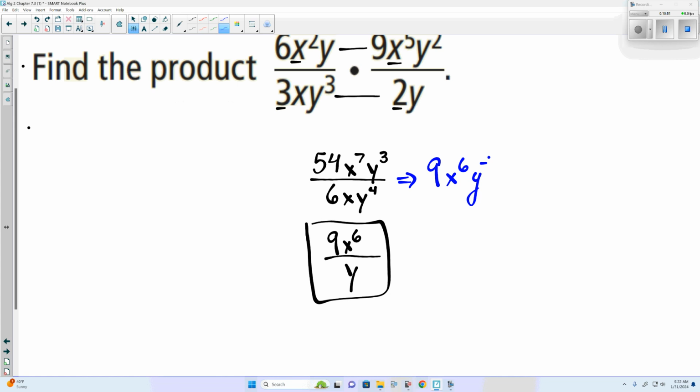And we would say y to the negative 1 and have it all in the numerator. But we cannot leave a negative exponent. So to make the exponent positive, anytime we have a negative exponent, we can move it from the numerator to the denominator and make it positive. That's how we keep the exponent positive. Does that make sense? So we would take this y to the negative 1, move it to the denominator, and we get this here.